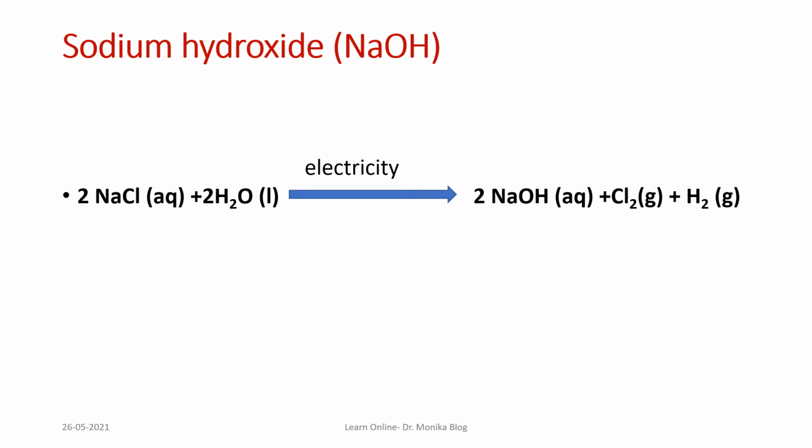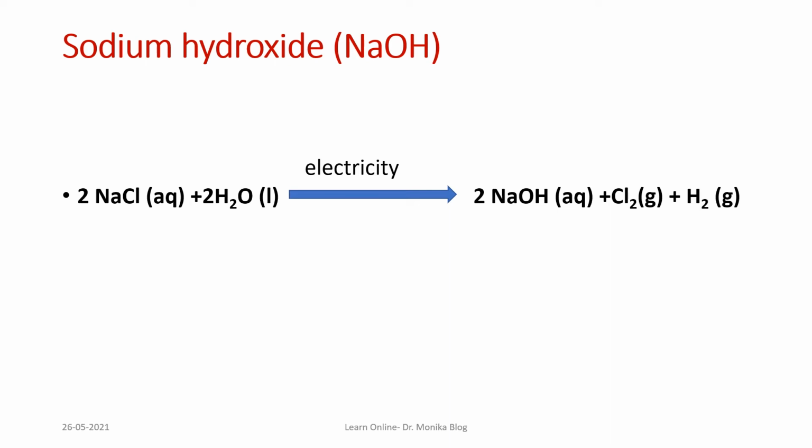So how is sodium hydroxide, that is NaOH, formed? Sodium hydroxide is formed when the molecules of NaCl react with water molecules and electricity is passed through this brine solution.